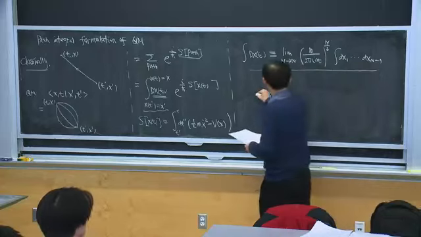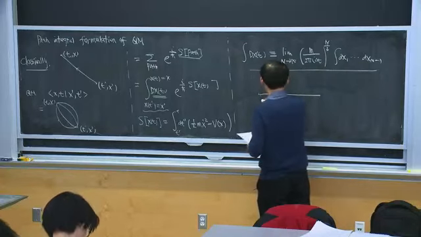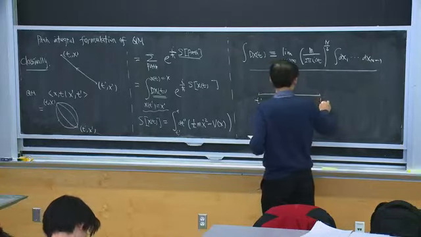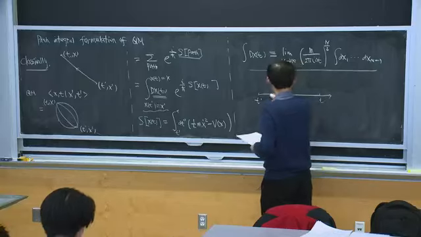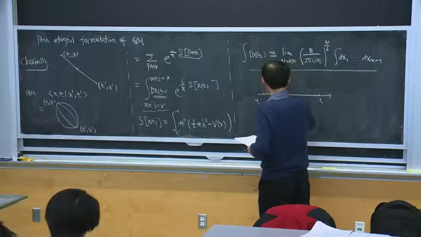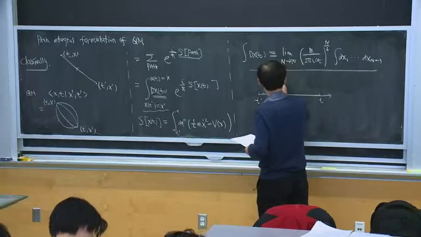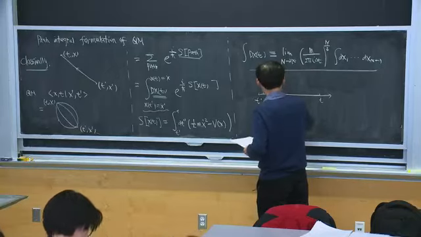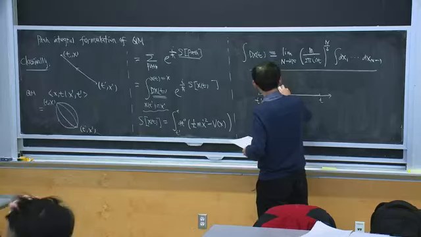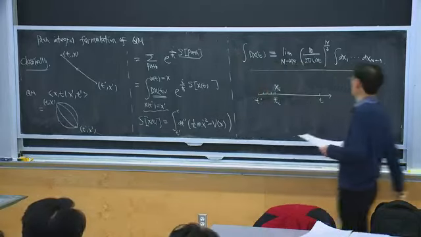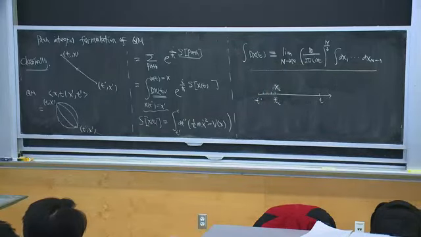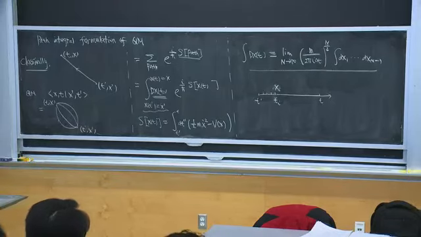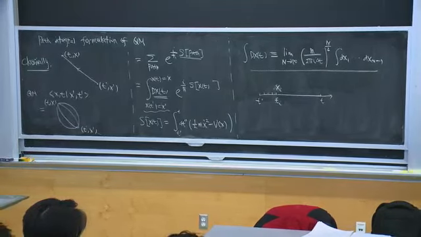You separate the path from t prime to t into N segments, with times t_i and locations x_i, and then you integrate over the x_i. So this is the formulation of the path integral for quantum mechanics.